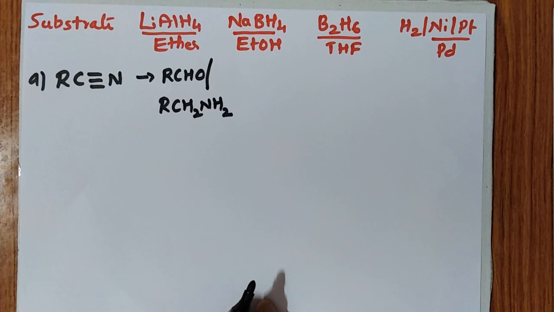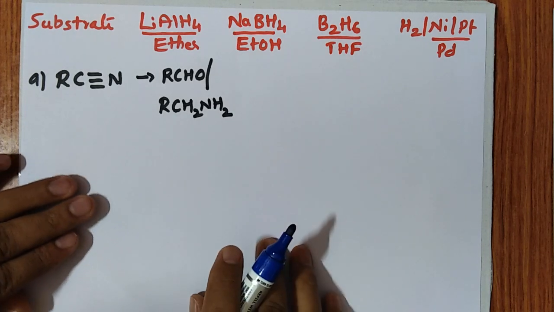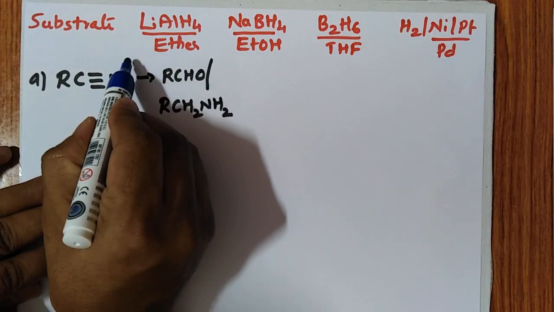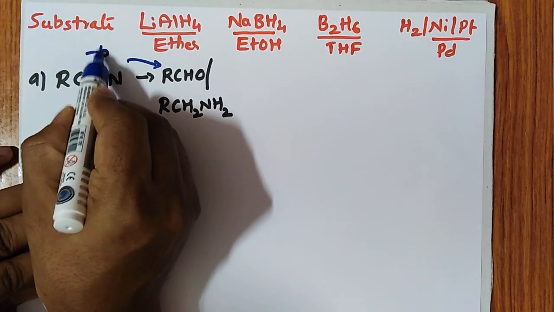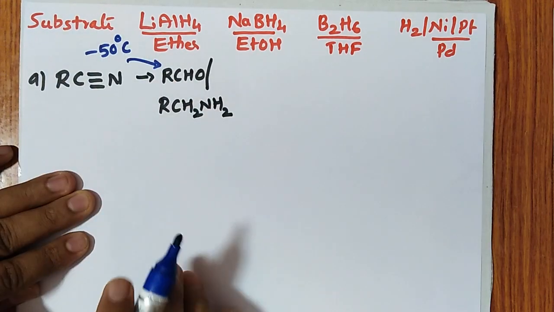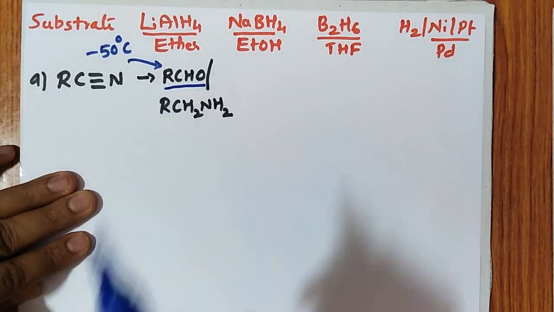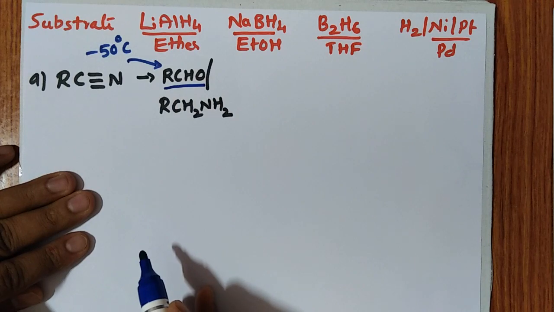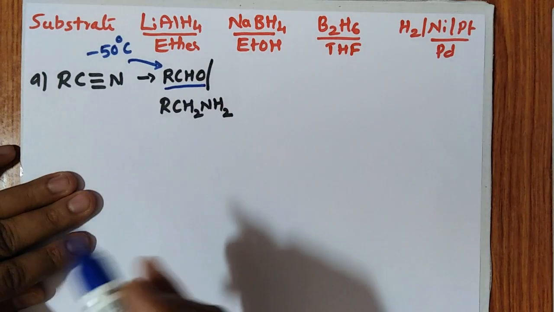Why I have written two products, I will tell you. When you get RCHO, remember, if the reaction condition is minus 50 degrees Celsius, you are going to get RCHO. So cyanide is converted into aldehyde only at minus 50 degrees Celsius.